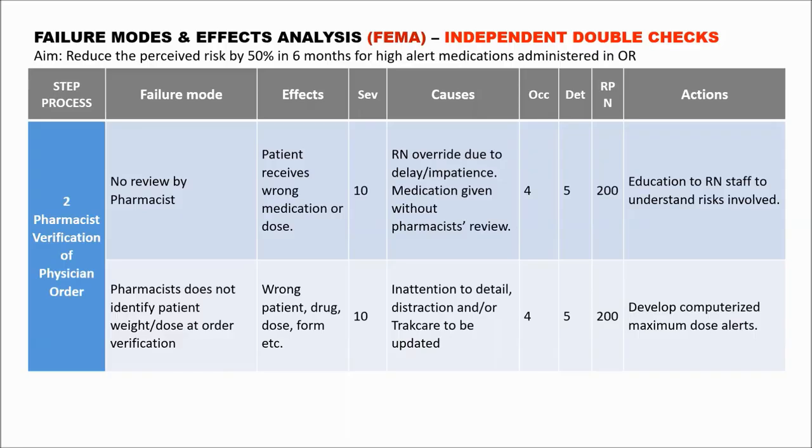The action to be taken is education to the registered nurse staff to understand the risk involved. And then we have the pharmacist doesn't identify patient weight or dose at order verification, which would affect wrong patient, drug, dose, or form. This is due to inattention to detail, distraction, and or tracker not updated. The action to be taken is to develop computerized maximum dose alerts.